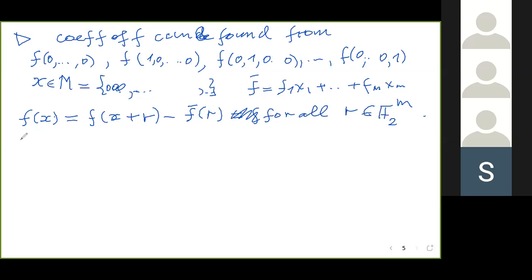Then this equality will be true for a little bit more than 1/2 of r's, because we know that the table of g is different from the table of f in a fraction of at most 1 minus epsilon over 2 positions.